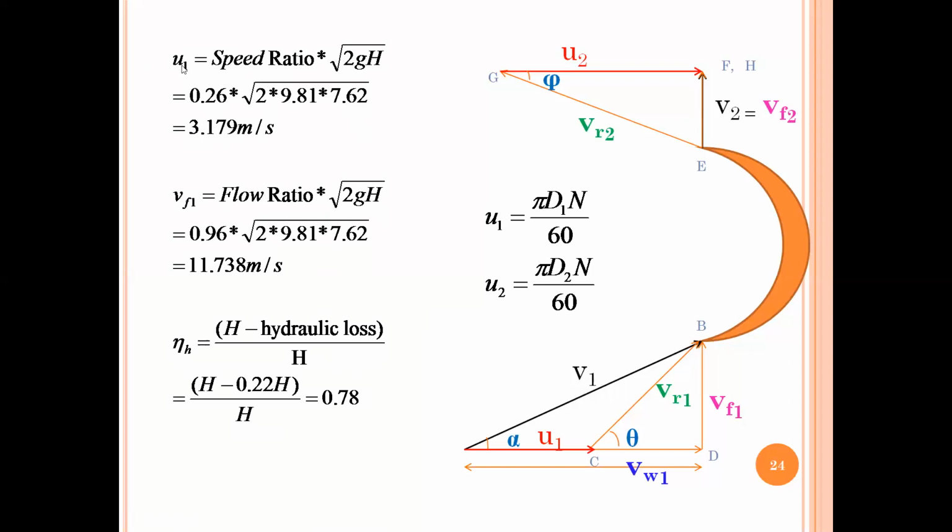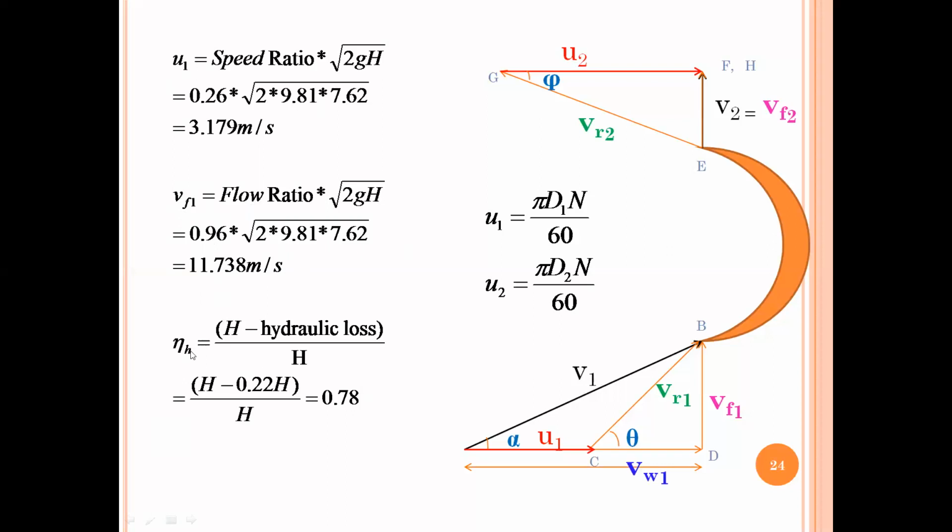Remember, speed is for U, that is your velocity of vane or blade, and flow is for the velocity of flow, so VF1. So here flow ratio is 0.96 into root 2gH. We'll be getting it as 11.738 meter per second. Remember, your V is always greater than your U. It can't be vice versa.